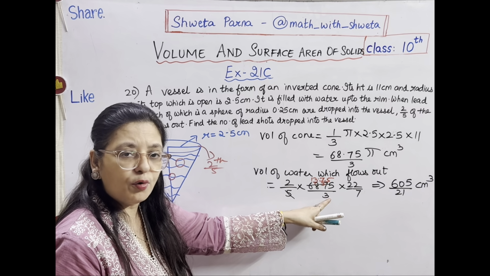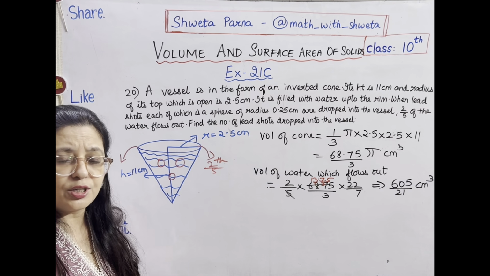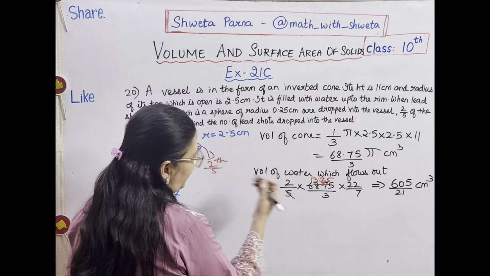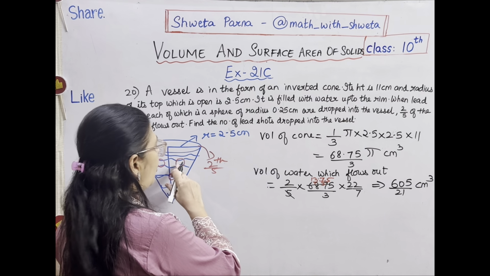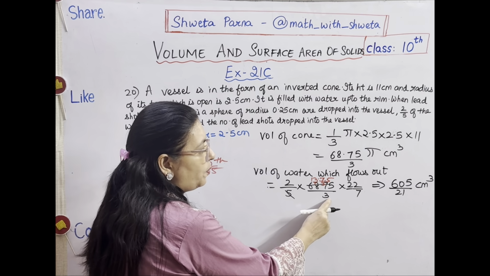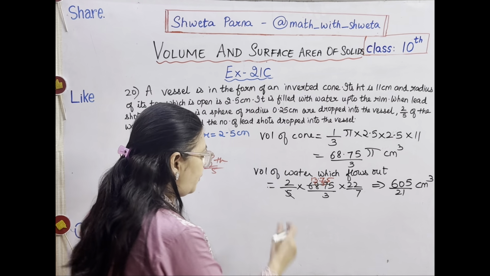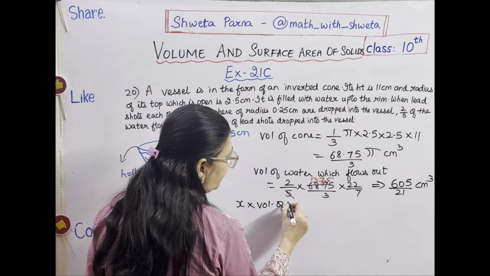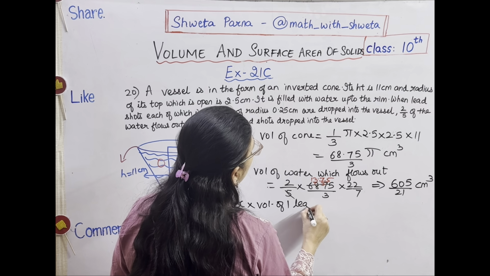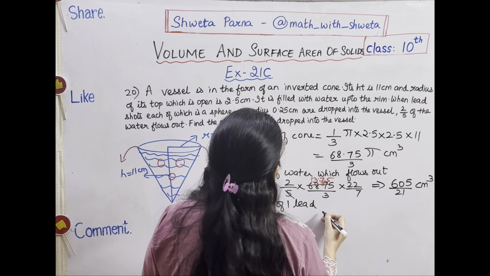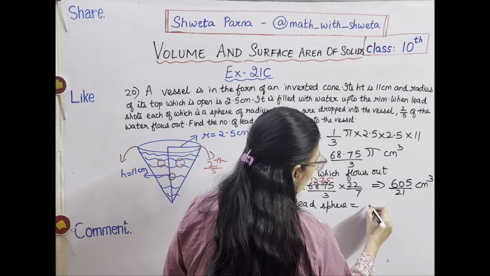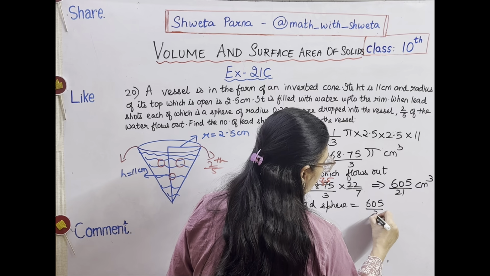So this volume should be equal to the volume of the lead shots, but we don't know how many lead shots. So x into the volume of one lead shot should be equal to the volume of water which has flown out. So x into the volume of one lead sphere is equal to 605 upon 21.